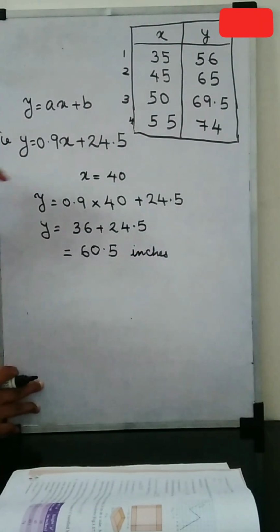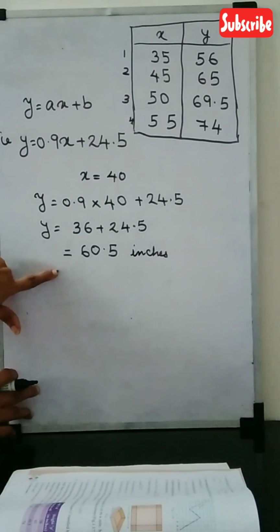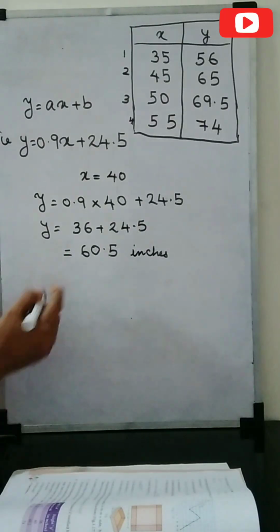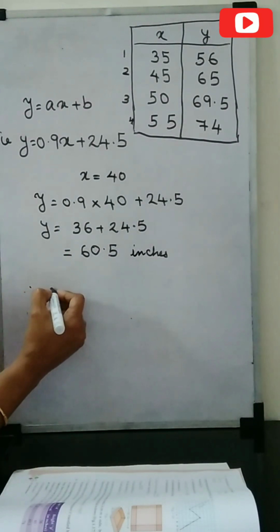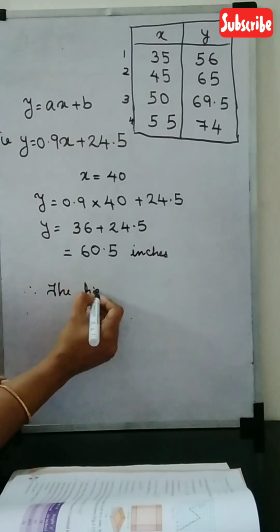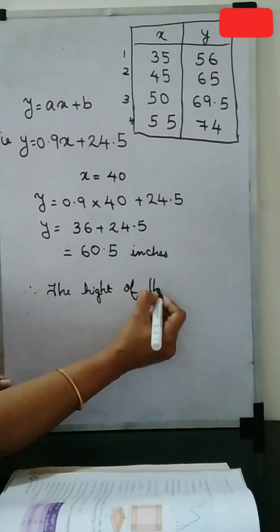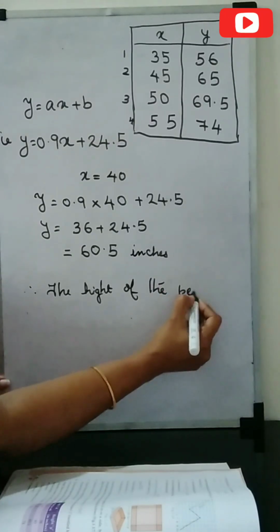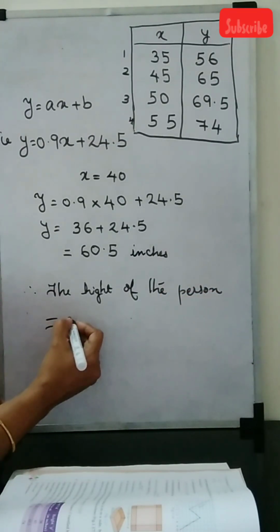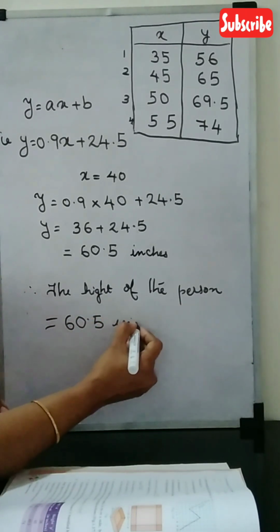So when a person's forehand length is 40, then that person's height is 60.5 inches. Therefore, the height of the person is equal to 60.5 inches. Okay.